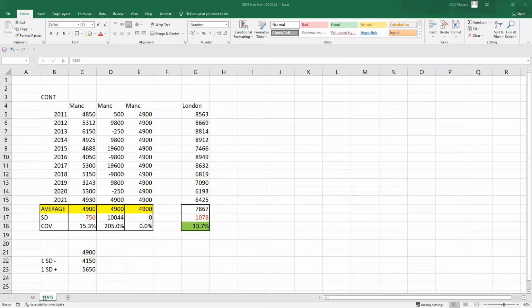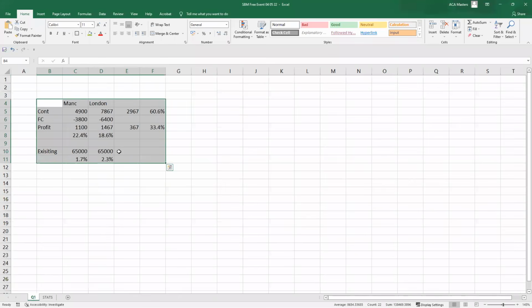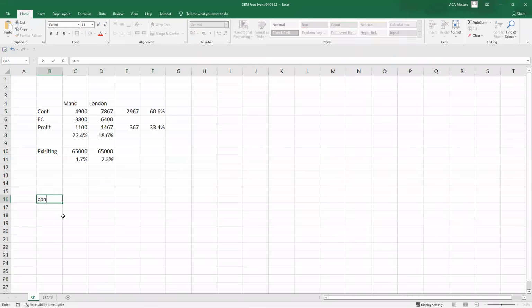Well, of course, we know with Manchester that the fixed costs are this. So in order for Manchester to make a loss, contribution would have to be this or lower, because we'd have this is the contribution, then we'd have the fixed costs. Contribution would have to be 3.8 million, then you had the fixed costs, and then profit would be 0. So if contribution was below 3.8 million, then Manchester would make a loss.